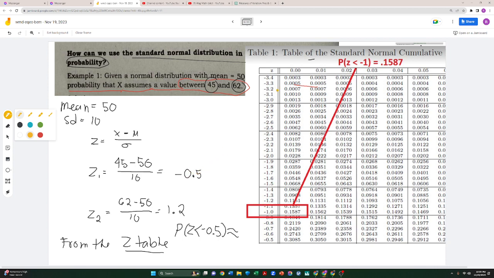Example ha, ang ginapangita nato kay negative 3.03.